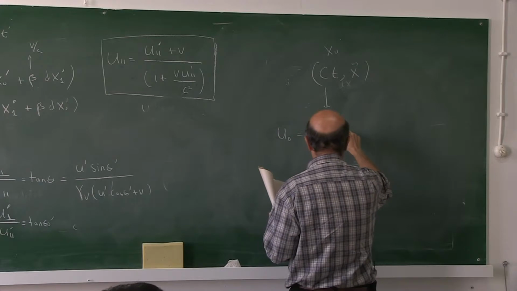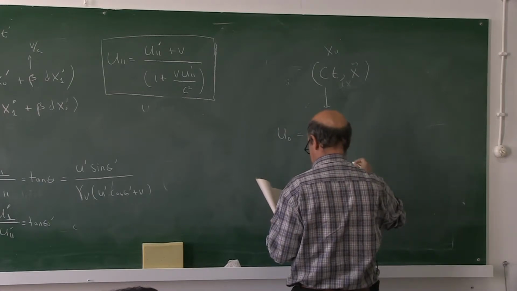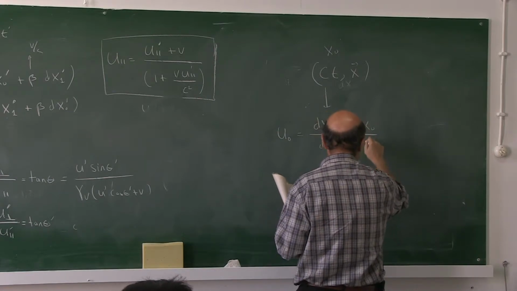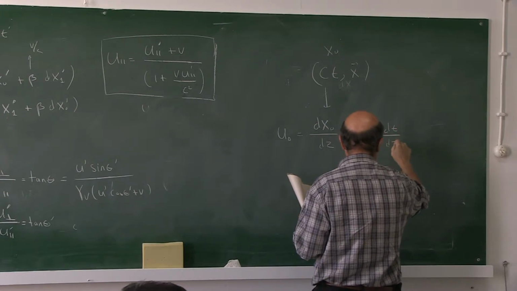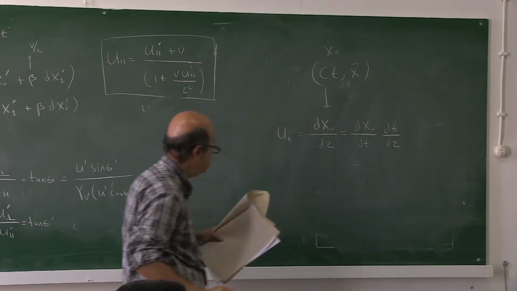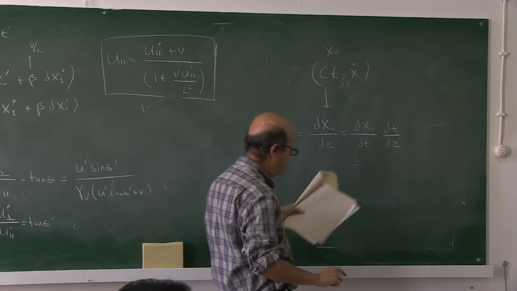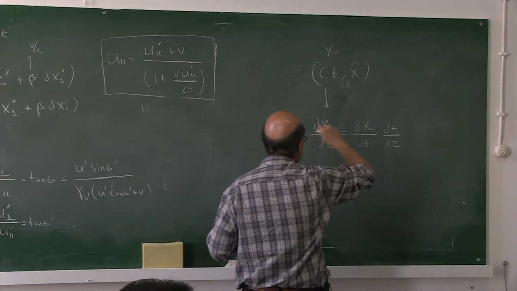Simply by the chain rule, you can write this as dx0 over dt times dt over d tau. What is dx0 over dt? It is c, because x0 is equal to ct.